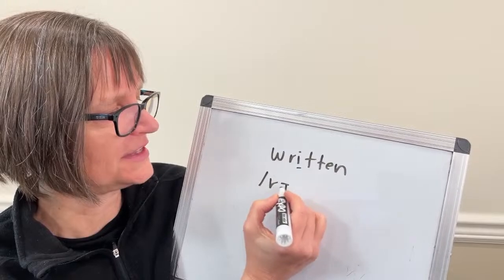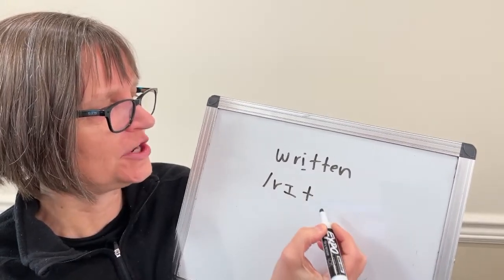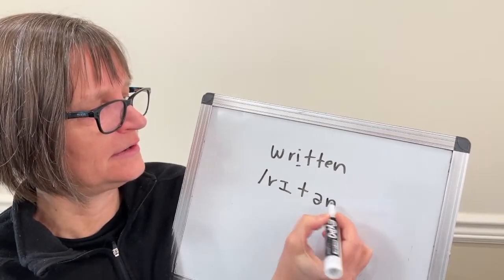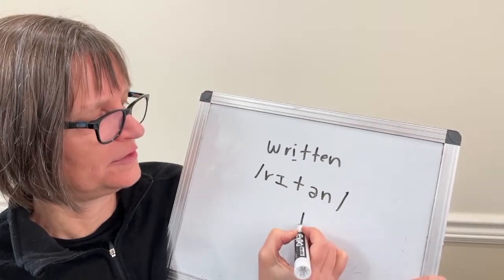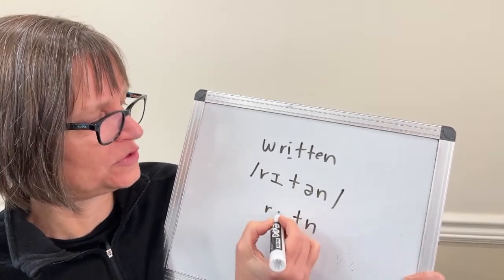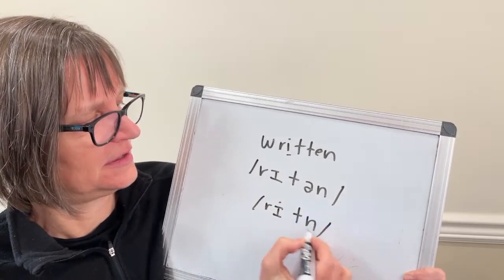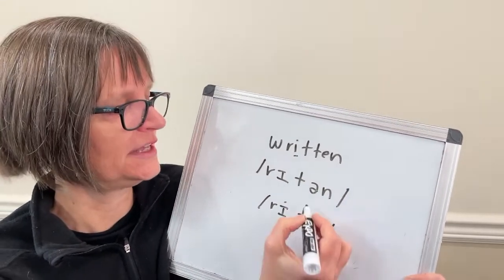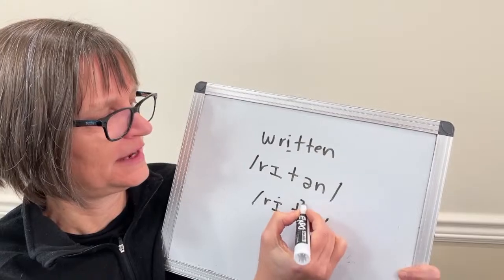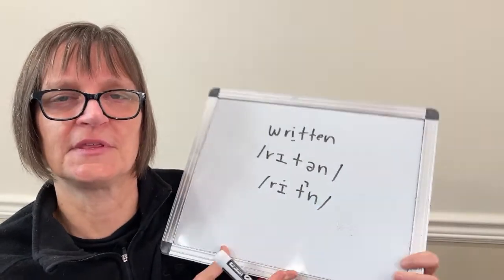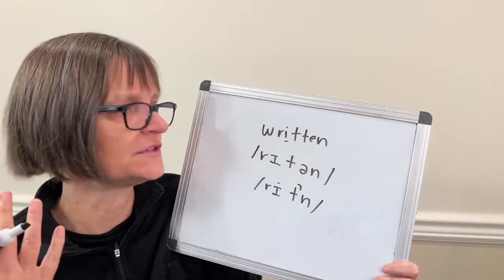Vowel I says the I sound. In the dictionary, you might see it written with a schwa, or you might see it written without the schwa, with just the T and the N. They don't really usually show you that it's an unreleased T. That's just something that you have to learn to listen to the differences.